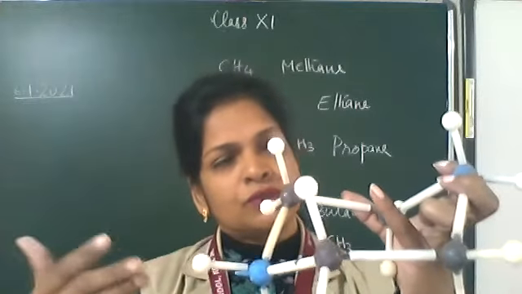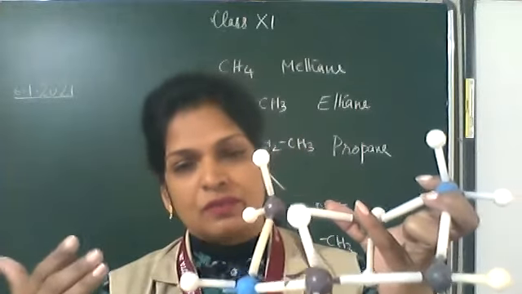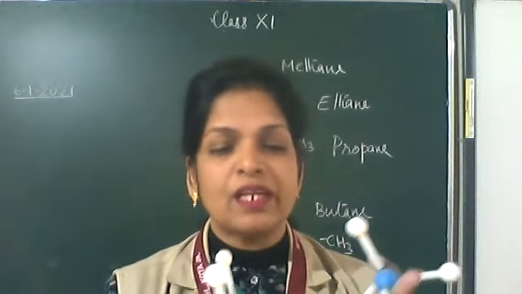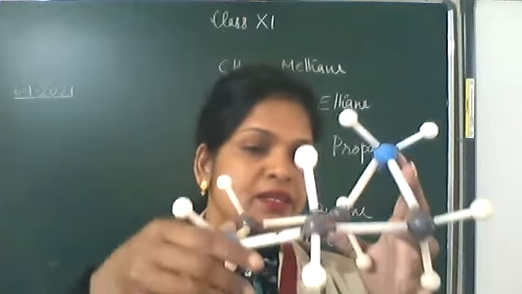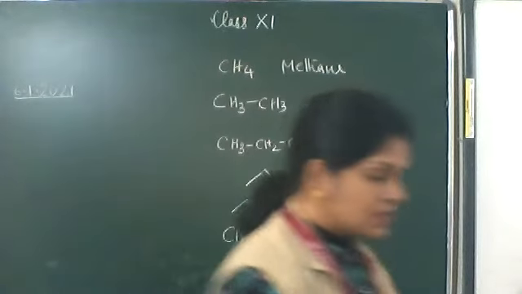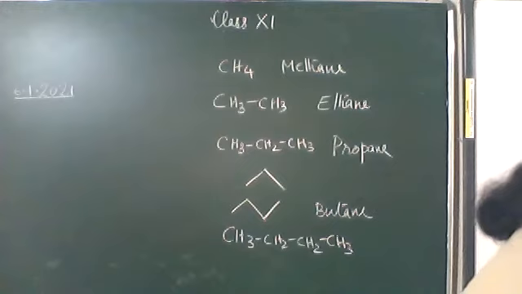So no repulsion, most stable state. So this is cyclohexane. Straight chain compounds are there, cyclic compounds are there: straight chain hydrocarbons, cyclic hydrocarbons.